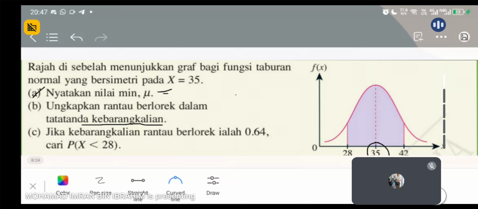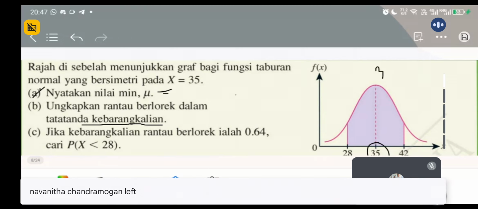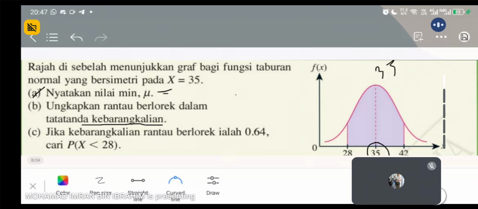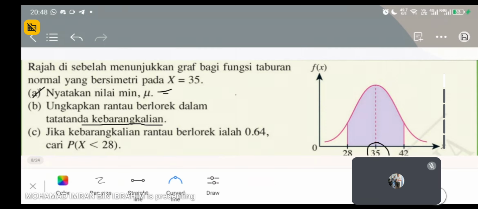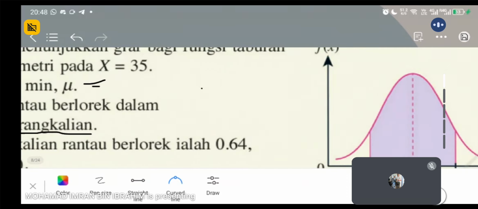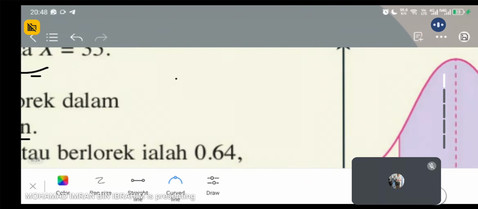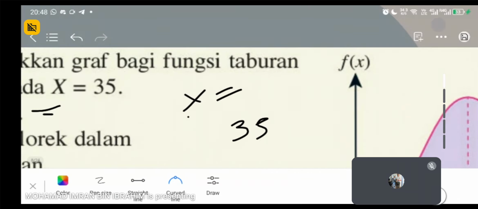So you will have the formula for this. You can see that 35 is actually your x.